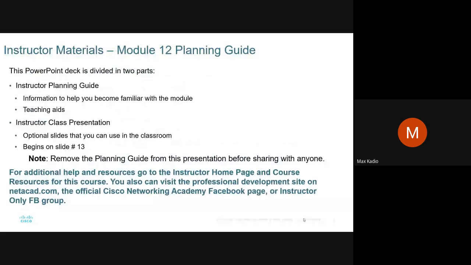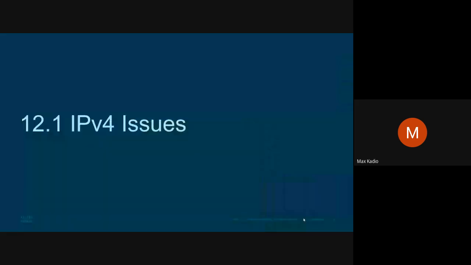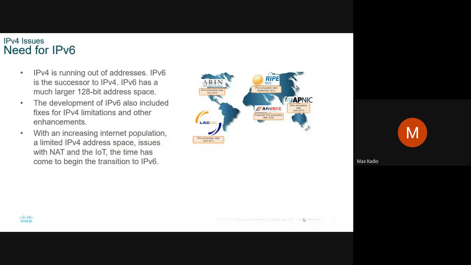So quickly, IPv6 addressing. We say that IPv4 is almost finished. IPv4 is running out of addresses. IPv6 is the successor of IPv4. Last time with the MAC address, I showed you an example.